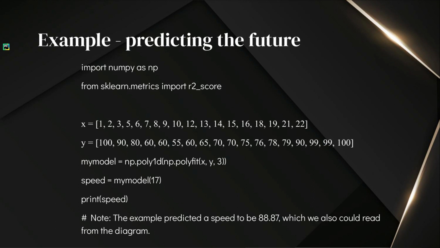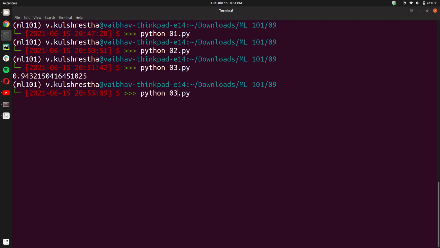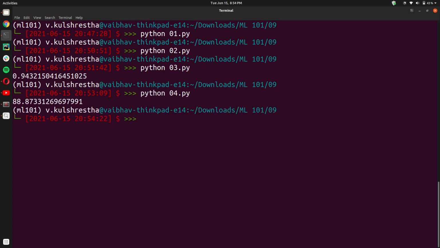Here we have importing the libraries, creating the lists, and creating my model, which is the returned array of the np.poly1d method. Then to calculate the speed, we feed in 17, the time at which the car passed, to the my model array. When I run this, I get as answer 88.87.